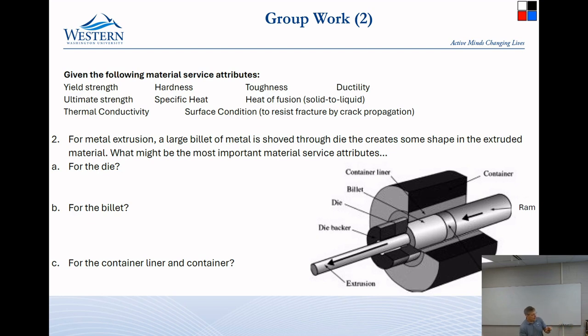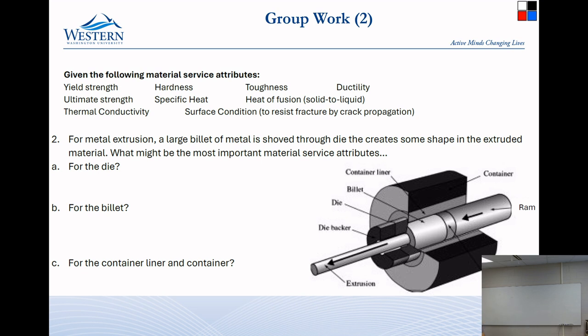So toughness can be. That's actually why this die has this giant die backer on here. The die backer is not as hard a material, but it is a much tougher material, just to absorb that energy so that the die doesn't have to absorb the energy on its own.